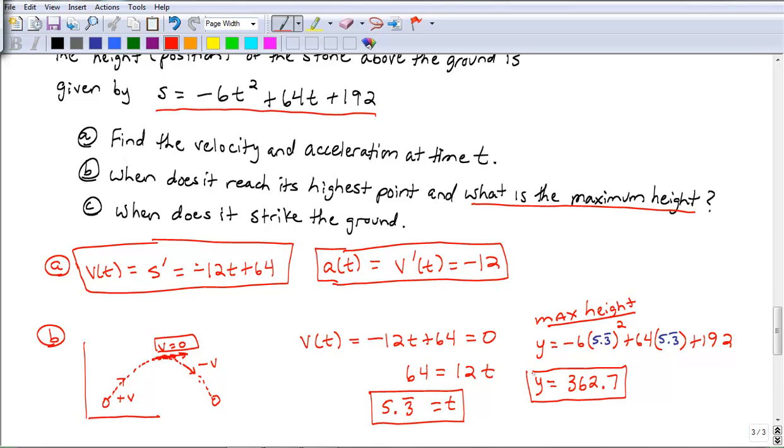So I now have the maximum height, and I also have when it reaches that maximum height. So to find the maximum height, we set the velocity equal to 0, and then we take that value for time and plug that into the position function to figure out how tall it was.